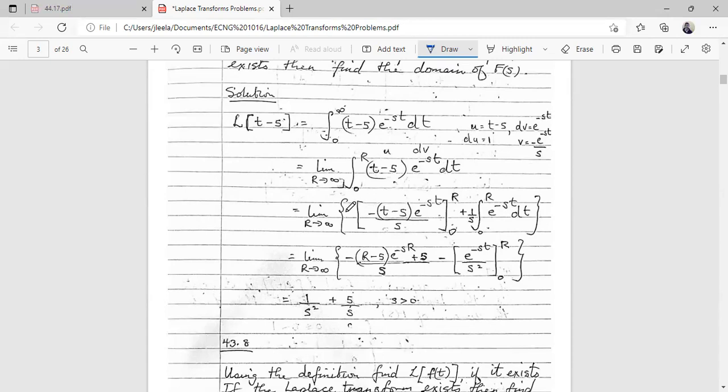So if you write it back now, remember you're taking the limit as r tends to infinity, the integral between r and 0. So you take the limit on the outside, and this is your uv, right? And this is your v du.